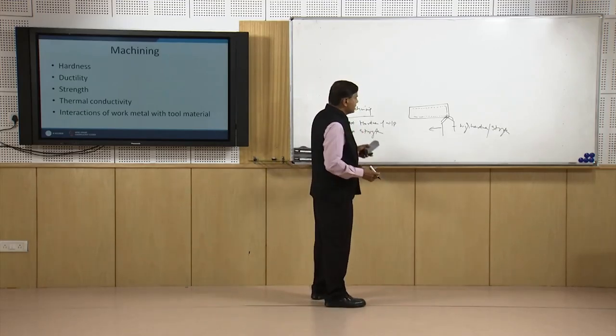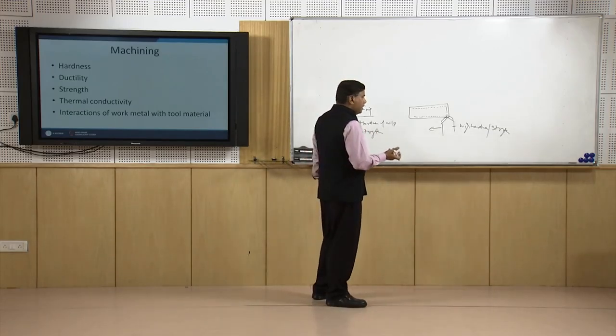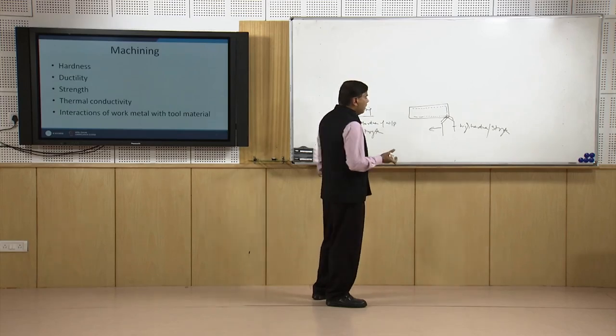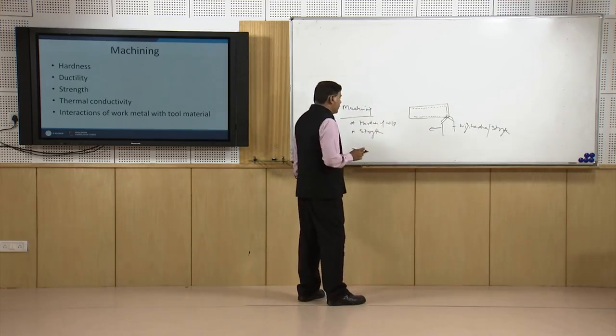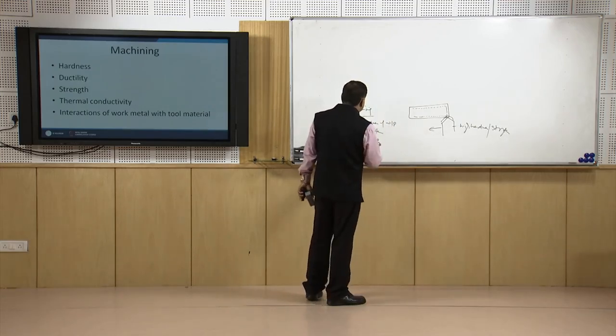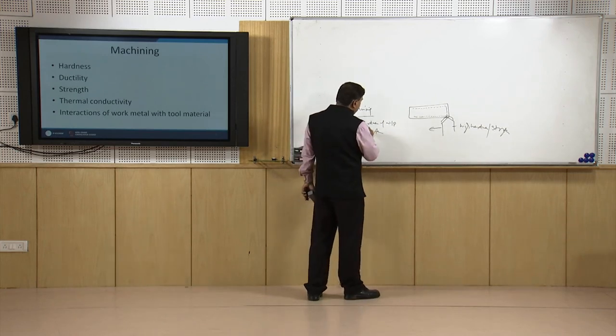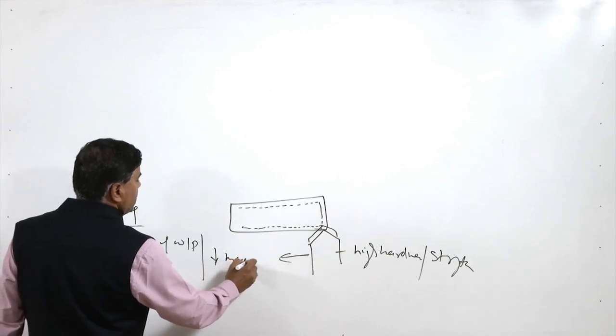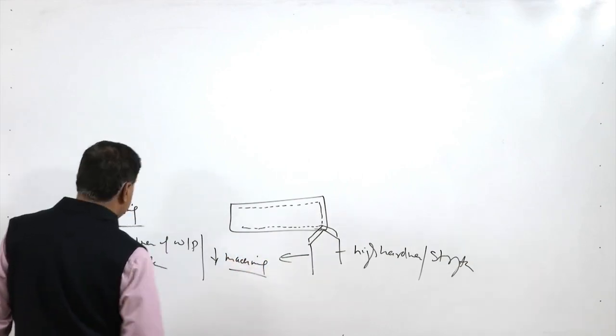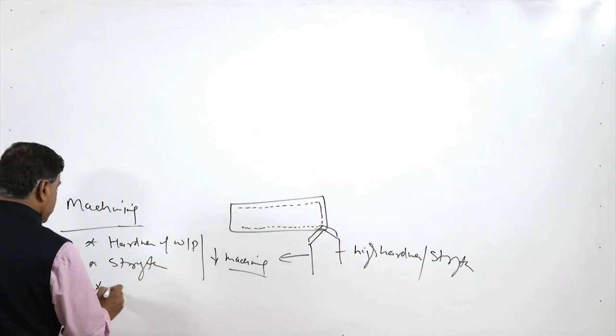If the strength is higher, it will take greater power for removal of the material, and power consumption for machining will be more. So, it will make the job of machining difficult. Higher hardness and higher strength, both will reduce the ease of machining of a given material. Then the ductility.